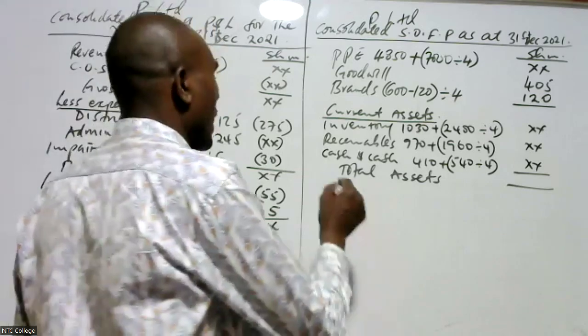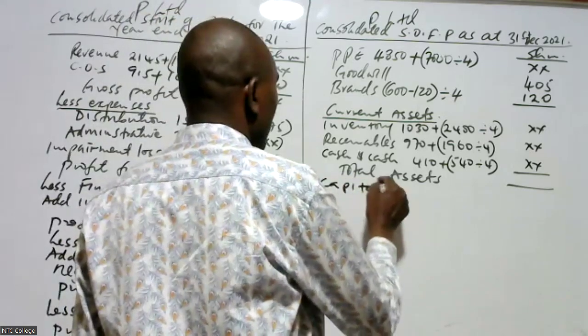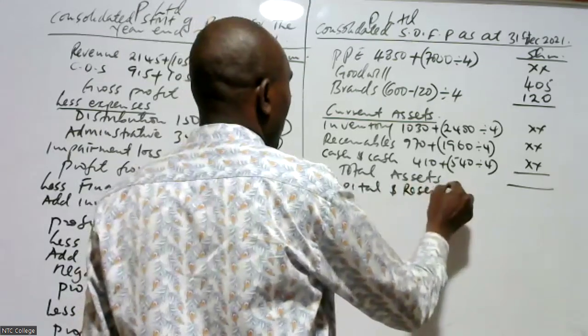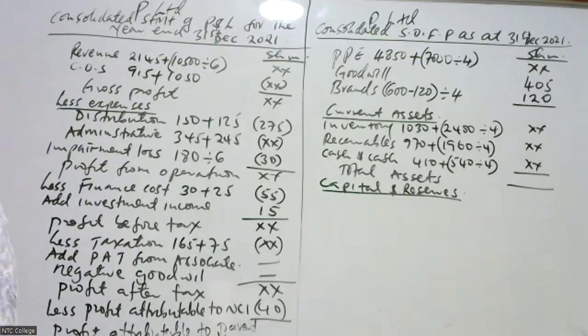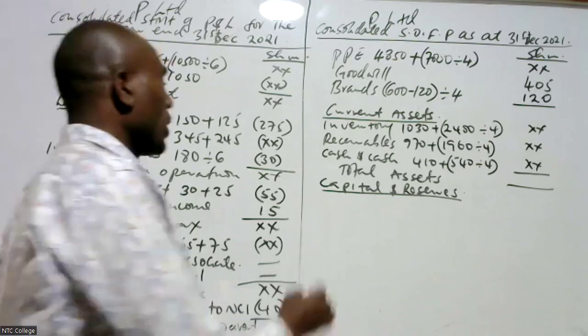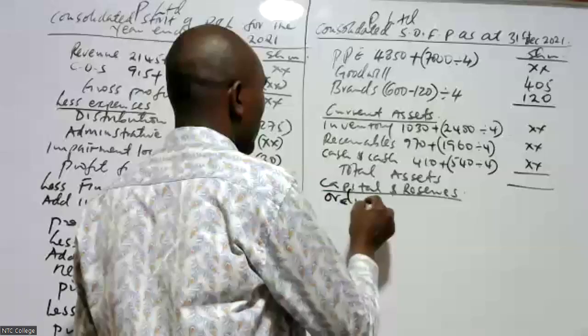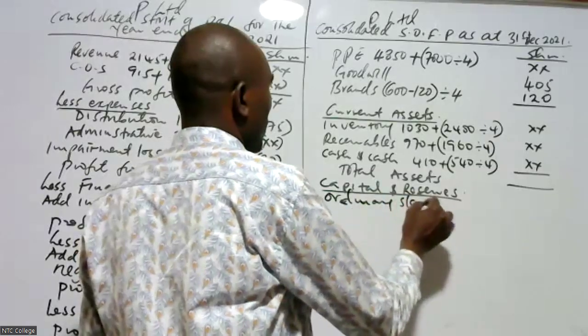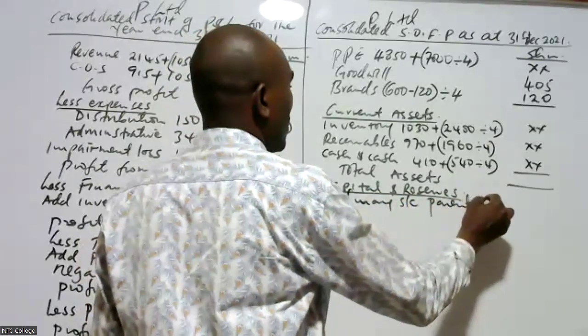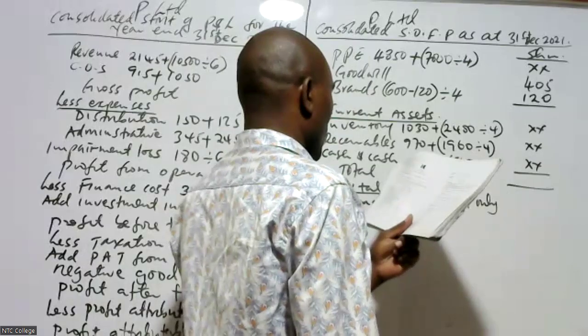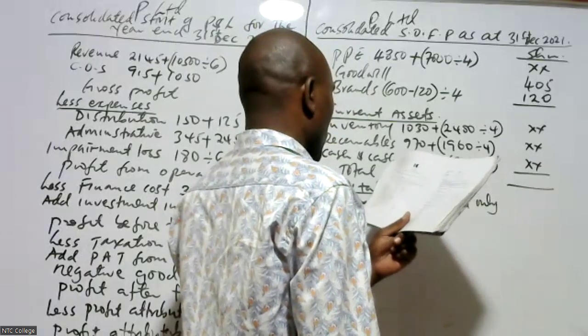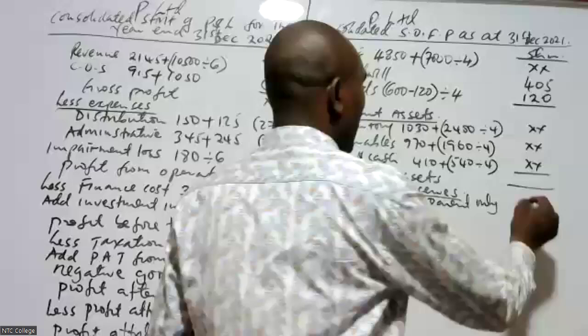Then we come to capital and reserves. Ordinary share capital, parent only, which is 1500.